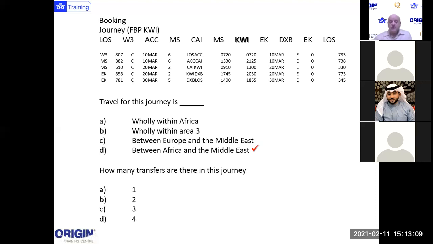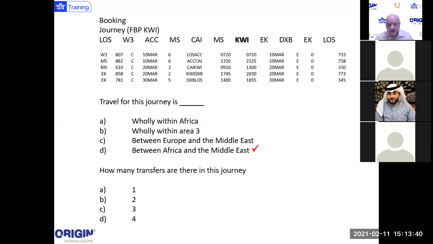How many transfers in this journey? Now, if Lagos is the origin, Kuwait is the fare break point, do I count those two when it comes to transfers? No. So I've got 1, 2, 3. Tell me, what does a transfer mean?